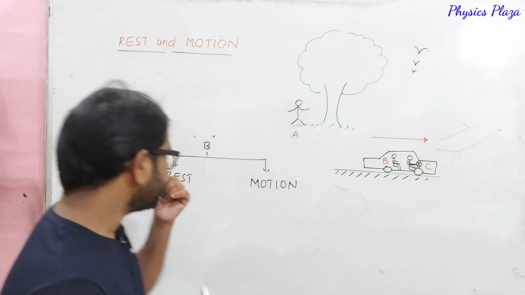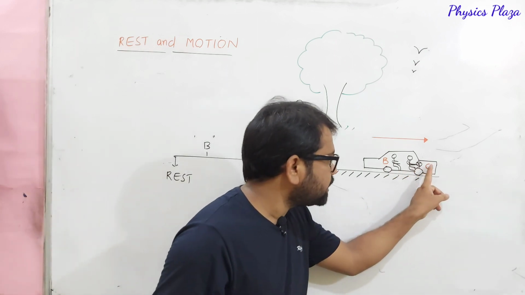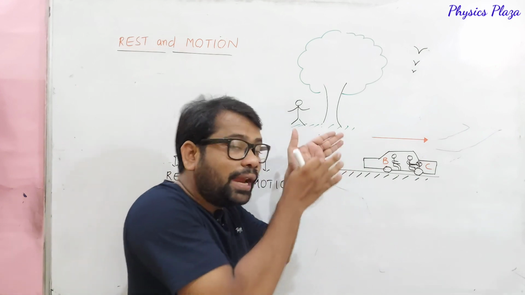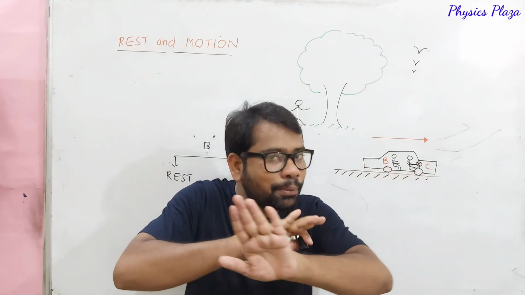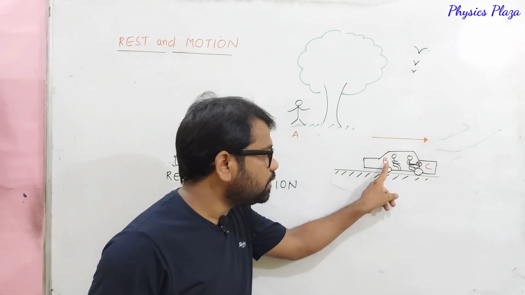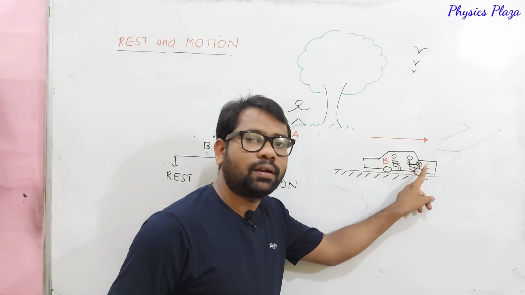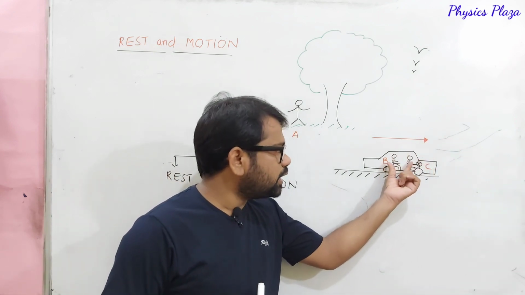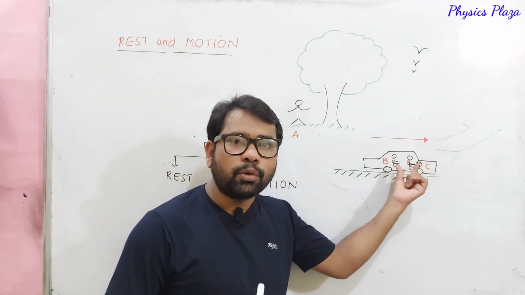Suppose, dear children, with respect to person C, the driver, this person B is sitting. Of course, the entire car is moving, but I am not talking about the car here. I am talking only about person B with respect to person C. As long as they continue the journey, their distance is fixed, which means he won't move.